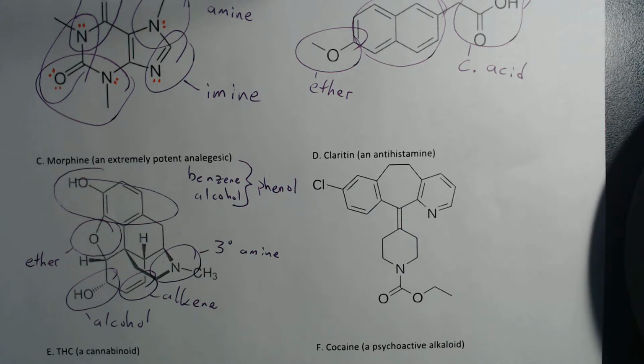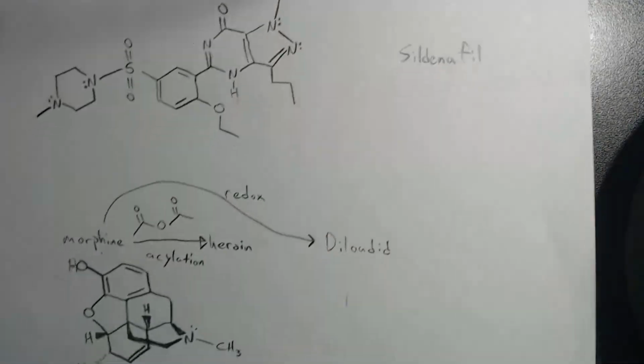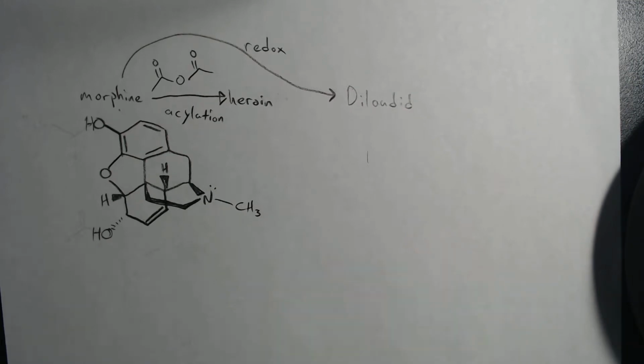I did want to show you guys, I have this molecule drawn out on paper here. I just wanted to show you something. So there we have the structure for morphine. Do you guys know what morphine is commonly used for in the medical field? It's typically for severe pain relief, right?